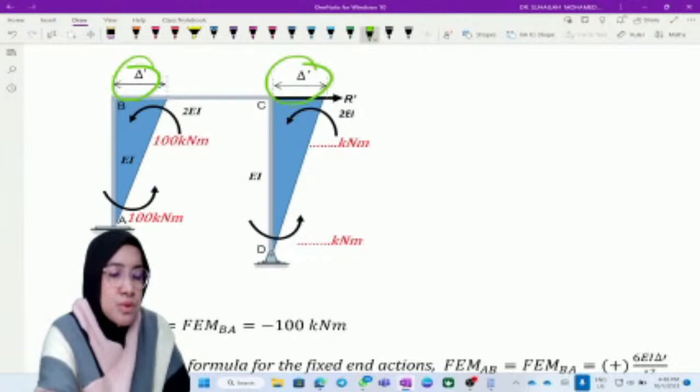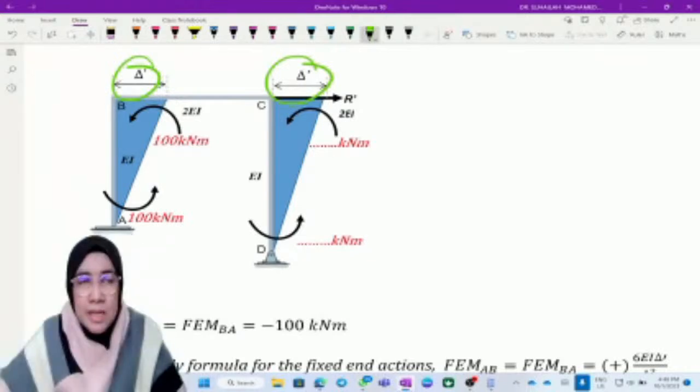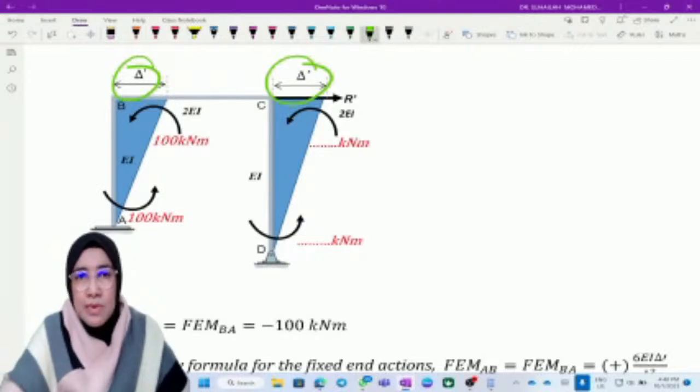We assume that delta at B, both are there.